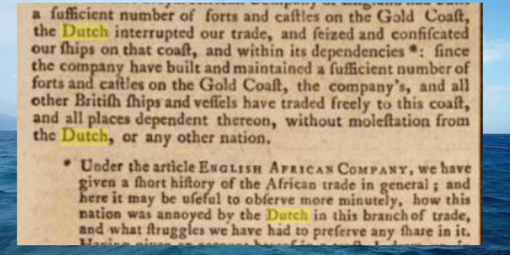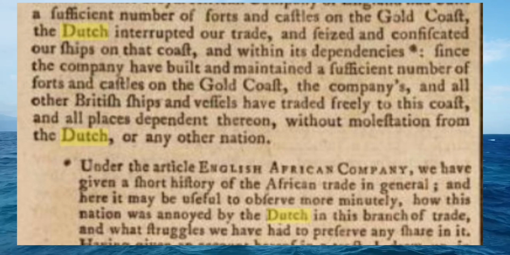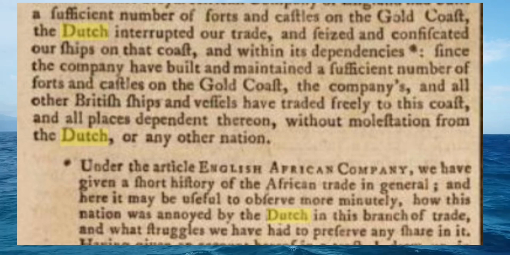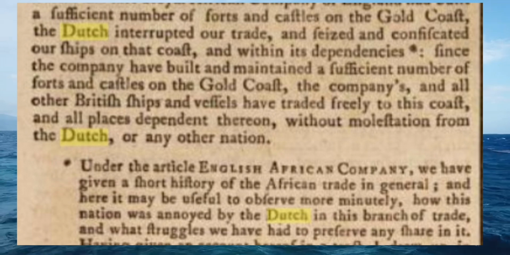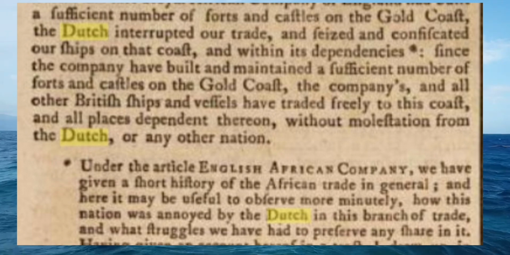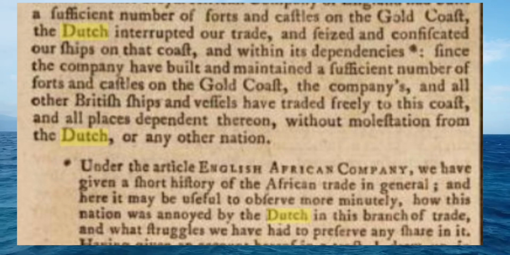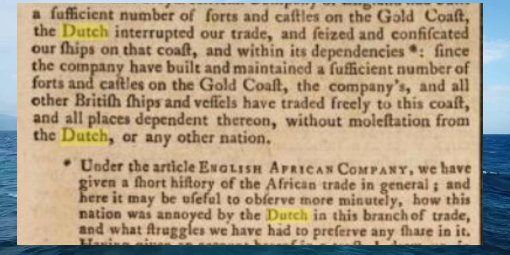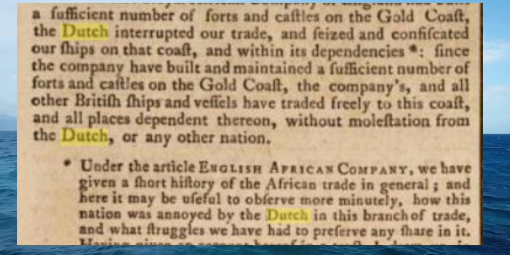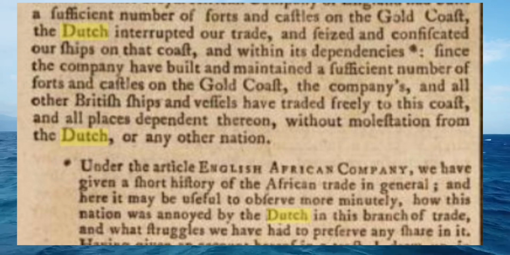Under the article English African Company, we have given a short history of the African trade in general, and here it may be useful to observe more minutely how this nation was annoyed by the Dutch in this branch of trade, and what struggles we have had to preserve any share in it.